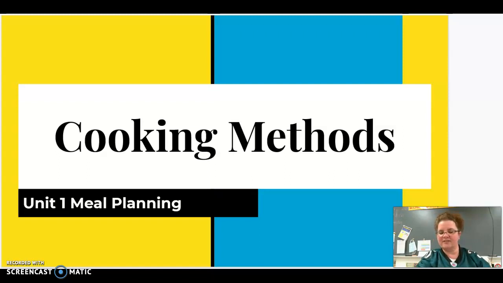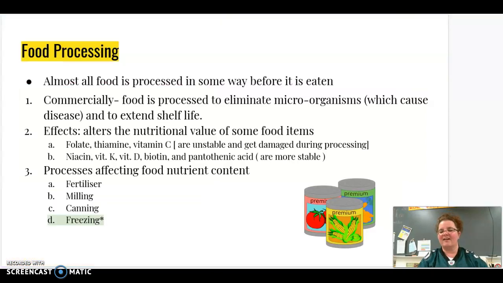All right, so let's talk about the different cooking methods that are available to you. All right, let's talk about food processing. Almost all food is processed in some way before it gets eaten.